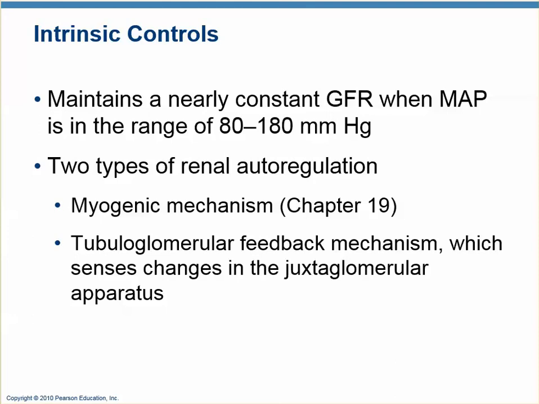If there's not enough filtrate being formed, then the juxtaglomerular apparatus senses it, causes dilation of the arterioles, which then increases the net filtration pressure, which then increases the filtration rate.